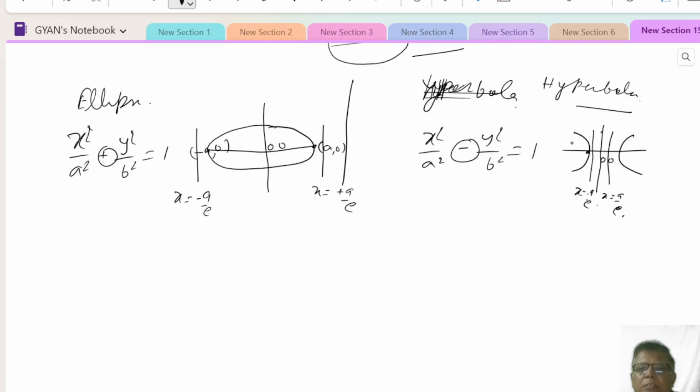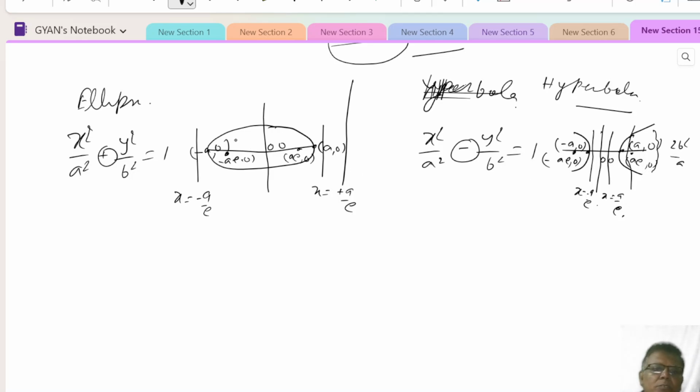The foci are minus ae, 0 and ae, 0, and here also the same thing. The latus rectum length is 2b square by a.